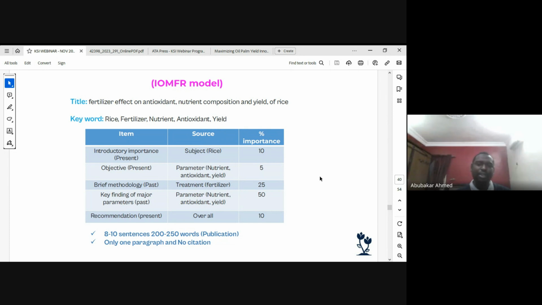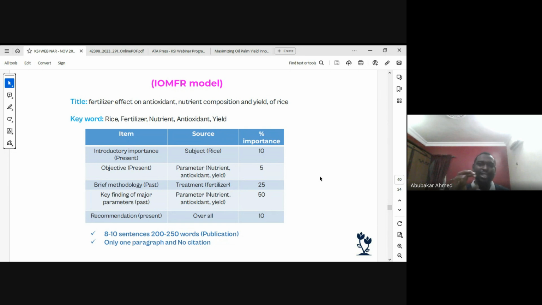The most important part of the abstract is your findings, then methodology, then introduction and recommendation, then objectives. For example, it does not make sense that you spend half of your abstract writing the introduction. So you get it from your mind that you assign percent importance. We give this as a guide, basically.